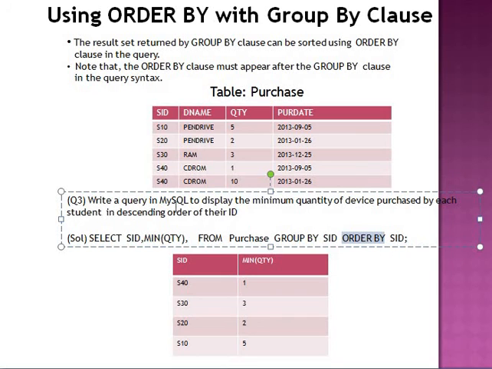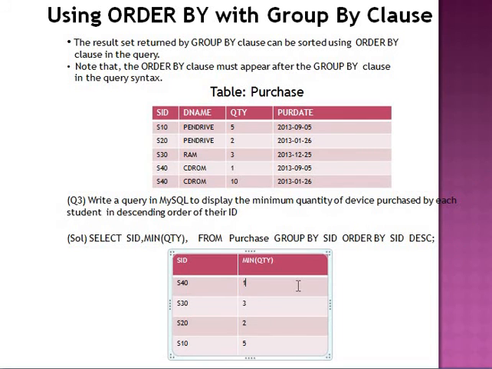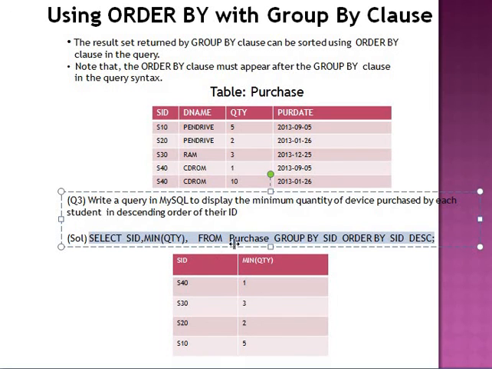But since I am going to display the ID in descending order, the use of the keyword DESC is compulsory. I have to finish this SQL statement with the DESC keyword at the end. And this is the final output or the final result set after executing this particular query.